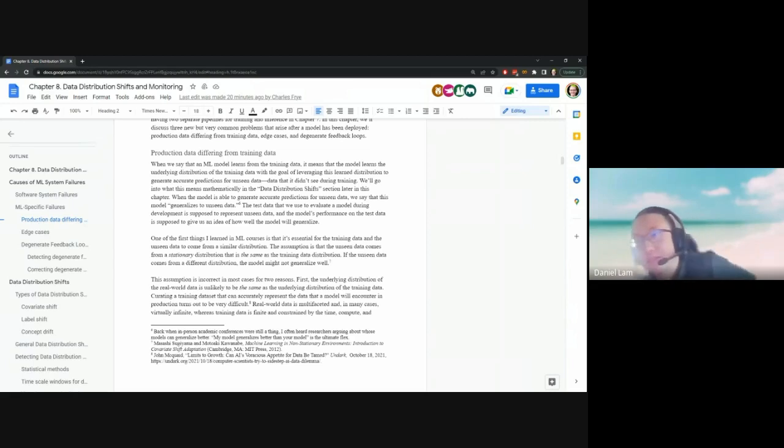I have a little issue with this section because when you train, your labels should come from your training data distribution. When you start out, it should be the same because you're going to draw from the same place, and then your input data changes because time changes or culture changes.